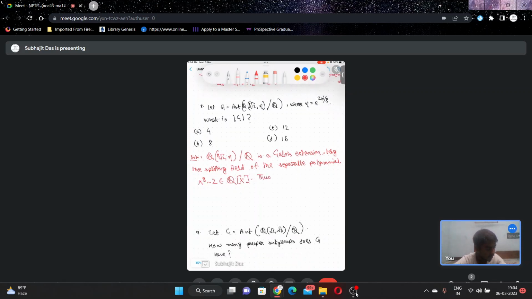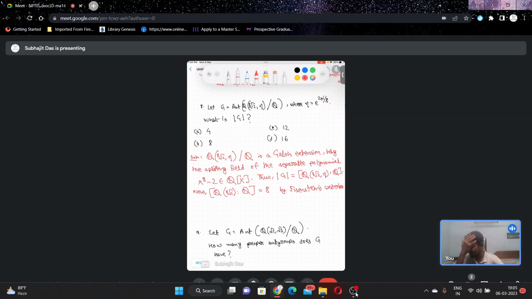Thus the cardinality of G is equal to the degree of this extension over Q. Now the degree of Q adjoined with the 8th root of 2 over Q is 8 by Eisenstein's criterion. So what I'm saying here is that this is a simple extension, right?